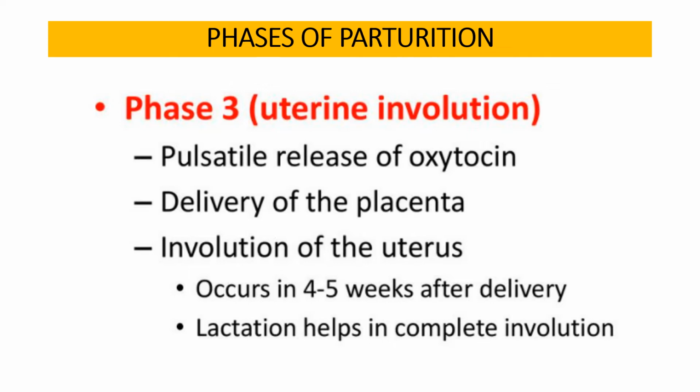Lactation will be established. There will be a further increase in oxytocin, and the oxytocin release is pulsatile. What is the benefit of pulsatile release of oxytocin? It will increase the milk production and will also increase the involution of the uterus.